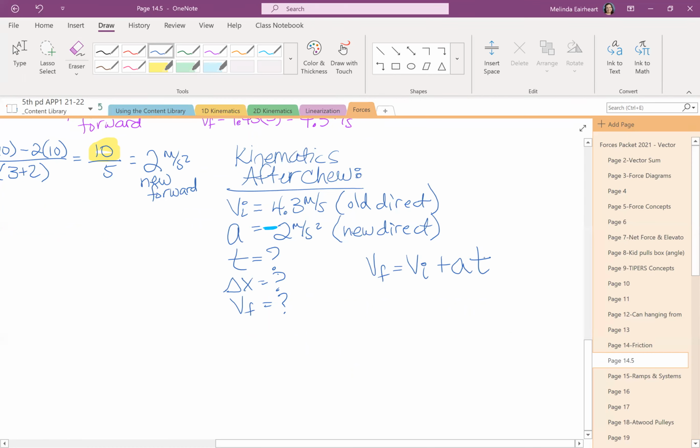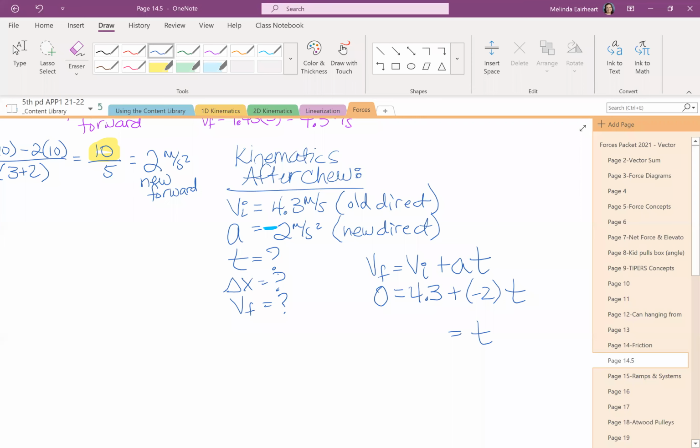So it started from rest before the chew. We're going to come to a rest, 4.3. And we know the new acceleration. We can find the time for it to reverse to a stop. So 0 minus 4.3 divided by the new acceleration. How much time would it take to bring it to a stop?